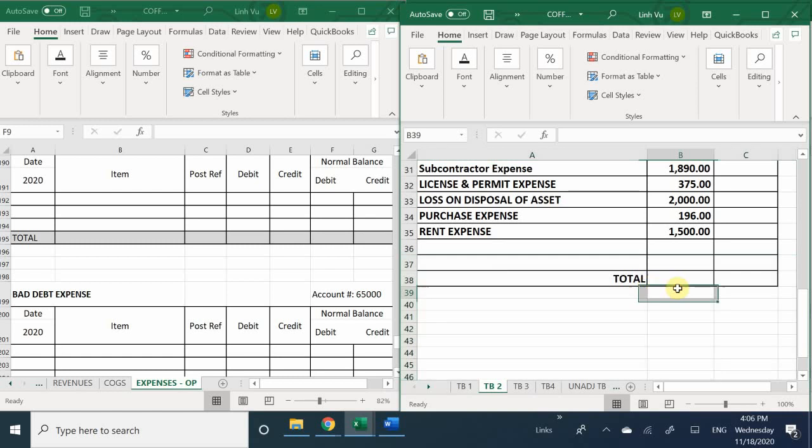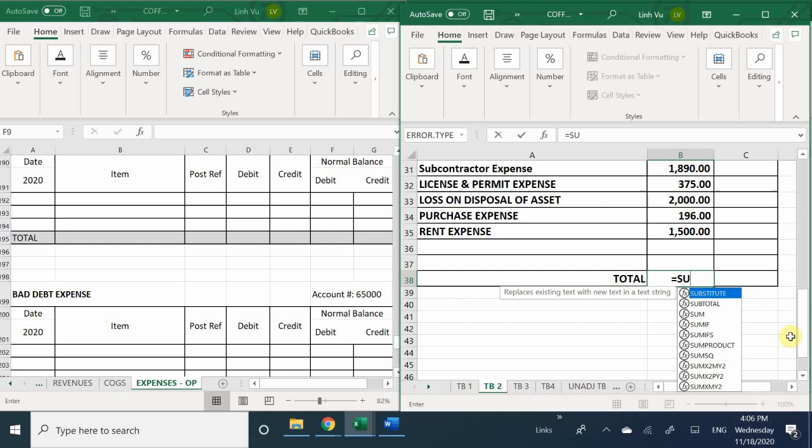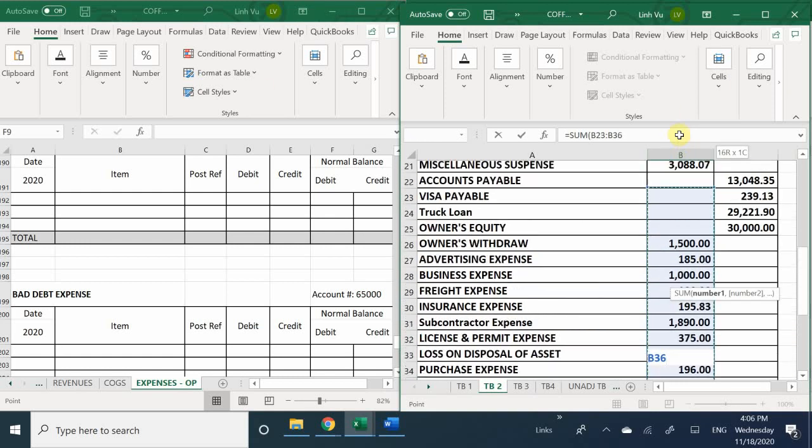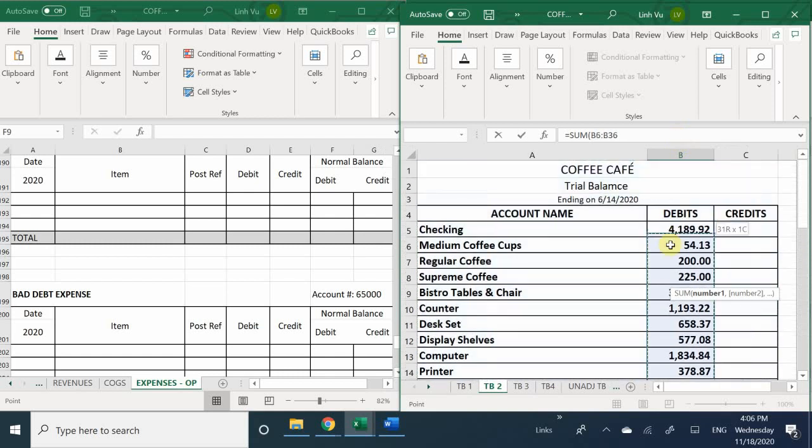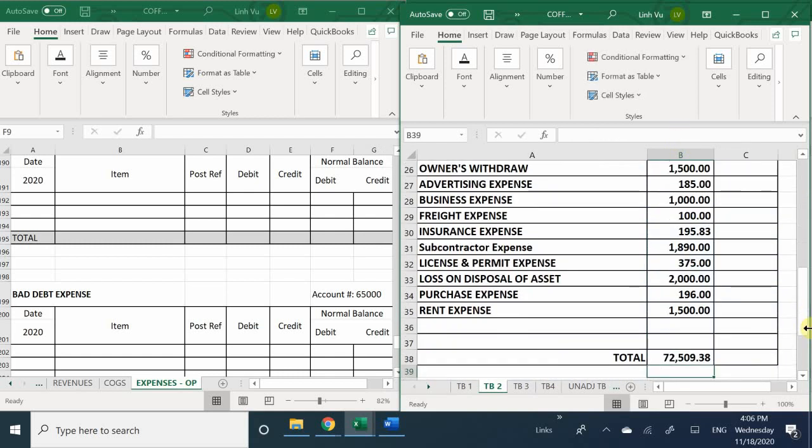Okay. So here now I'm going to go ahead and apply my equal sum because I need to find the total number of credits and see if I match my total amount of credits. So here I'm selecting from cell there to cell here. Enter. So I have a total of 72,508 and 38 cents worth of debits. And I'm going to apply the formula across.